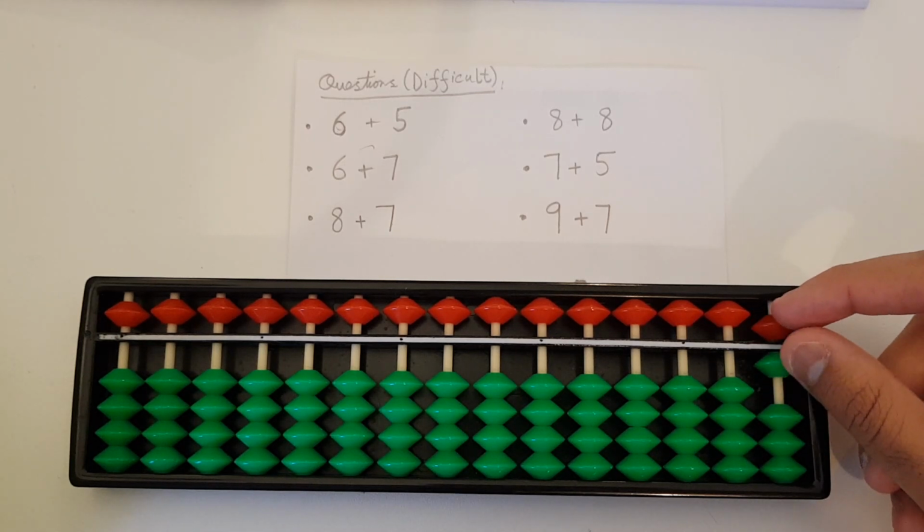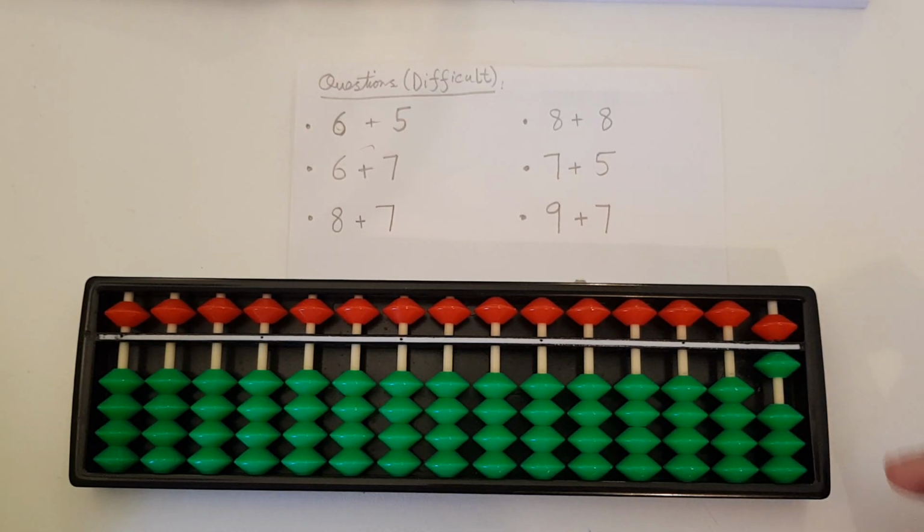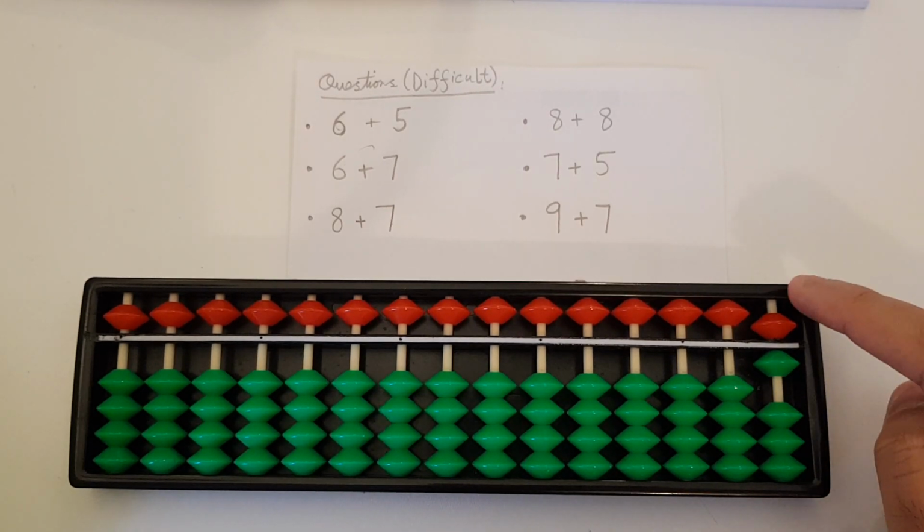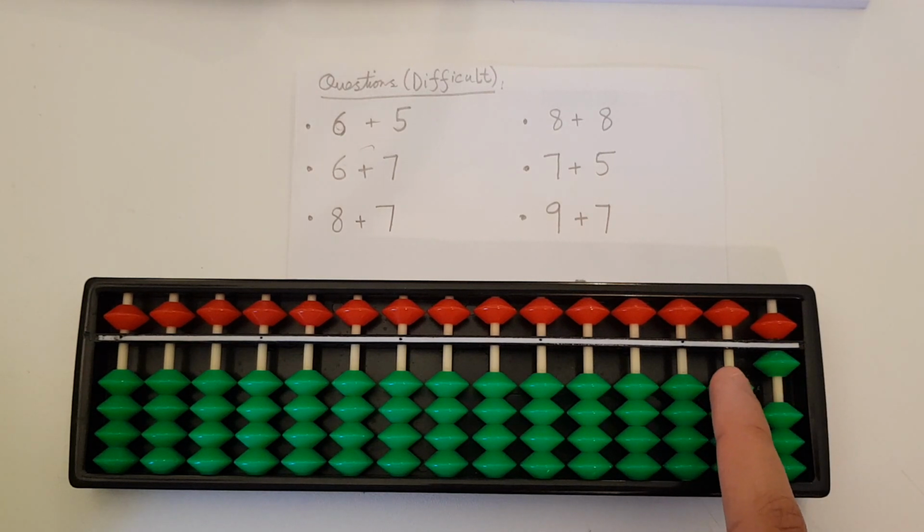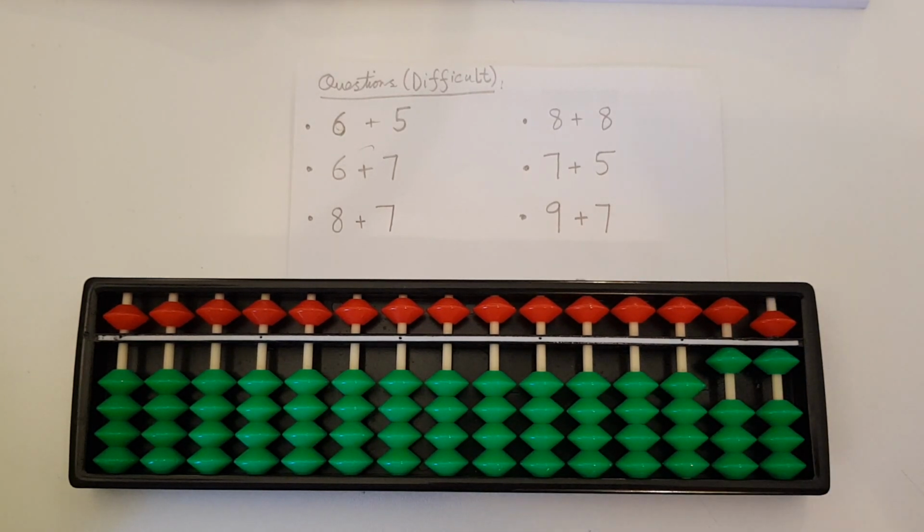Next is 6 plus 7. Insufficient beads here, insufficient here, definitely the next section. So I will add a 10, and now I have to take away 3 from it. I can't take away 3 from this section because there's only 1 that can be taken away from here.